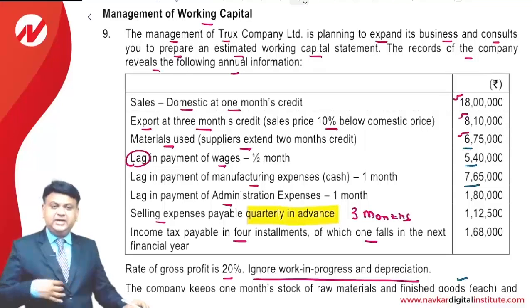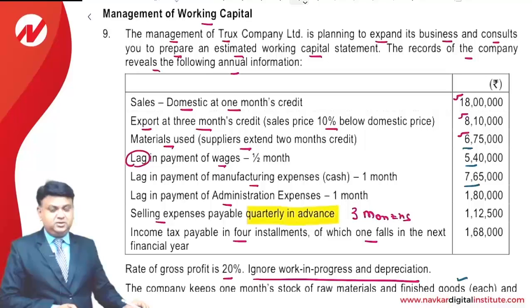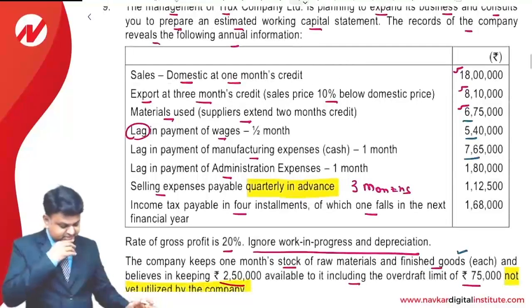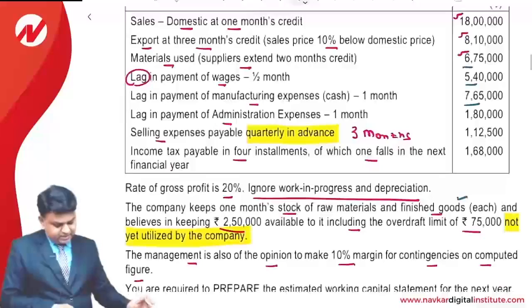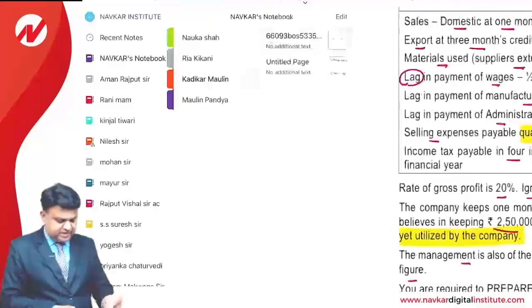In this example, as it has been added in the suggested answer, so even I added it for the purpose of doing finished goods valuation. So you can put your note accordingly. The administration expenses are 1,80,000.